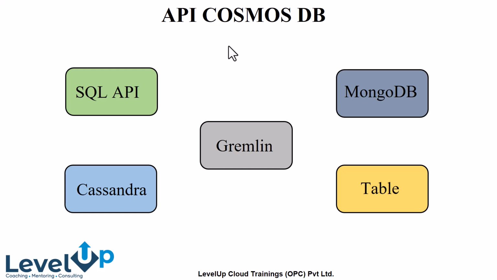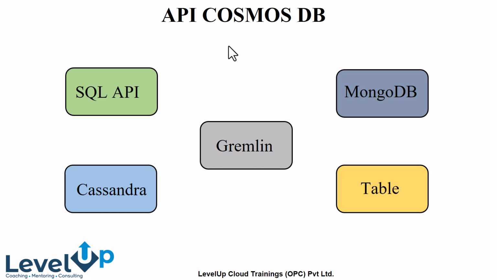Now, Cosmos provides a SQL API. It provides a Gremlin API, a MongoDB API, Cassandra API, Table API, and it also provides a PostgreSQL API. These are the different APIs that are provided by Cosmos DB. With the help of these APIs, it is very easy for us to manage these NoSQL databases.